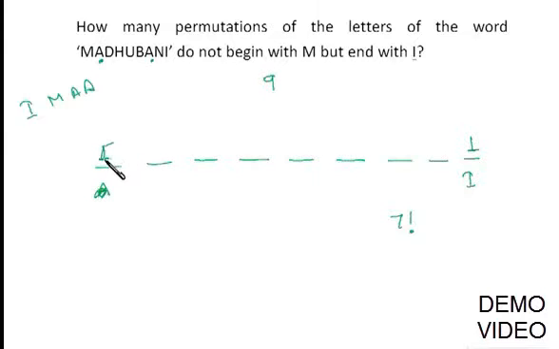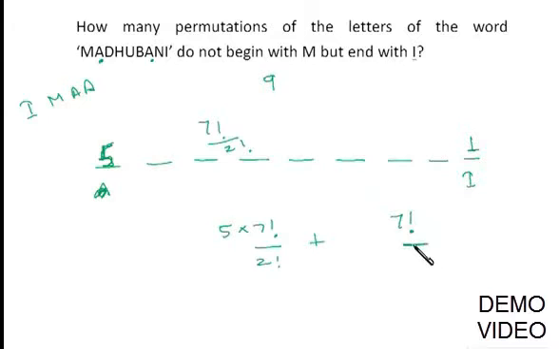Then 7 places are there and we have 7 letters, so they can be arranged in 7 factorial ways. Since we have 2 A's, we need to divide by 2 factorial. So in all, 5 into 7 factorial by 2 factorial plus this 7 factorial.